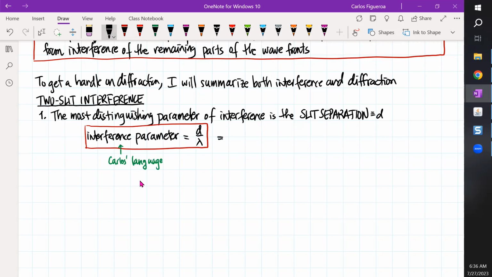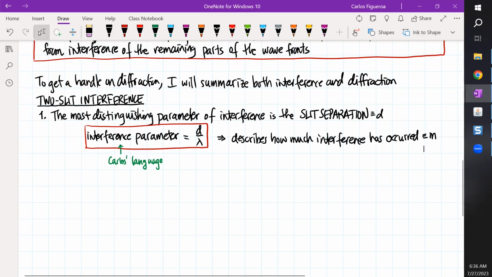And the reason why I call this the most distinguishing parameter is because it describes how much interference has occurred. And remember, this is directly proportional to the value of m.